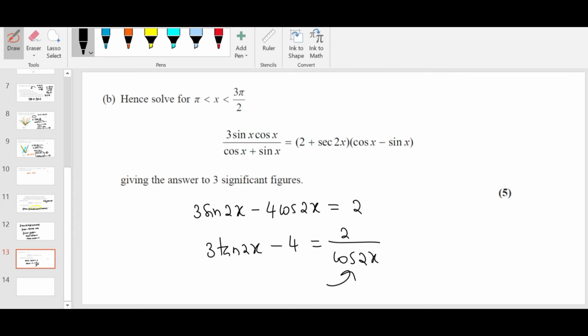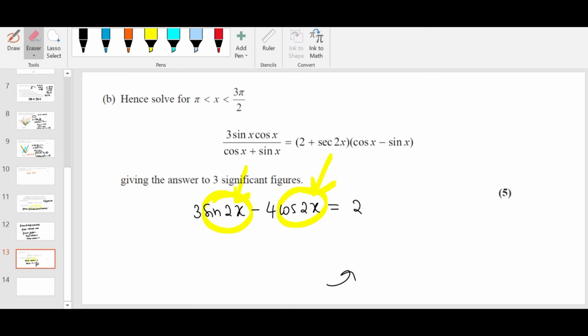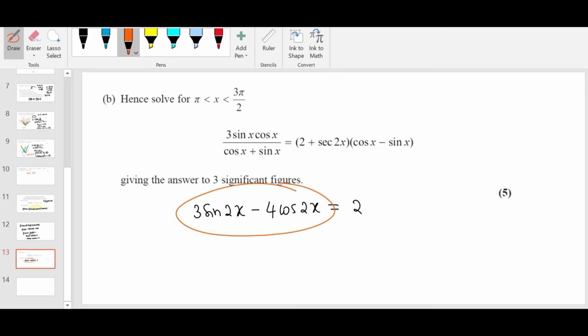So remember this, when you have sine and cos with the same theta, but on the other side you have a number, you need to apply the method R and alpha. You have to write this as R sine of 2x minus alpha or R cos of 2x plus alpha. That's how you convert them into an equation of a single trigonometric function.